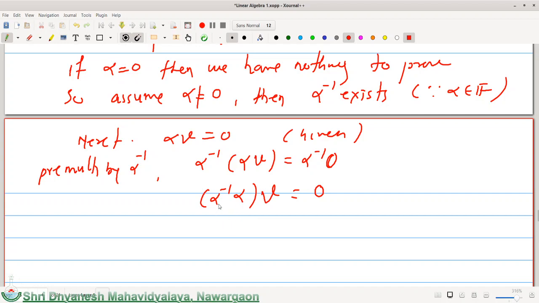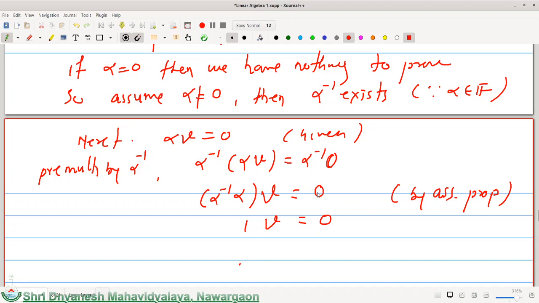And alpha inverse into alpha will be the identity 1, because alpha inverse is the multiplicative inverse of alpha, so identity must be 1. So 1 into v is equal to 0. You can give reason here by associative property.